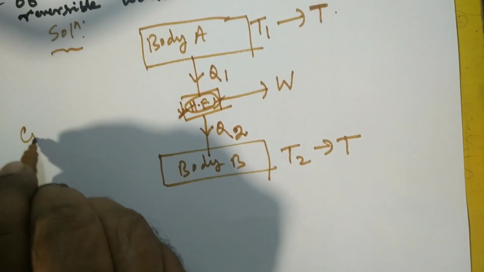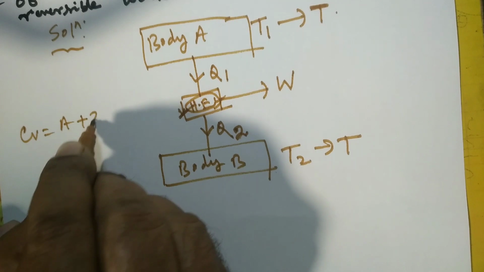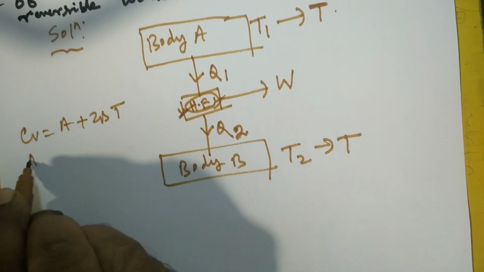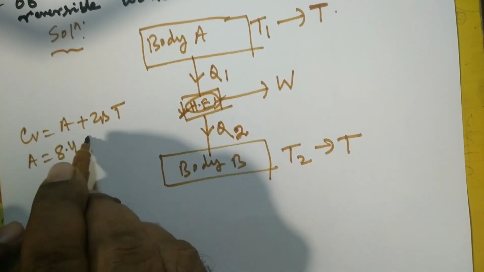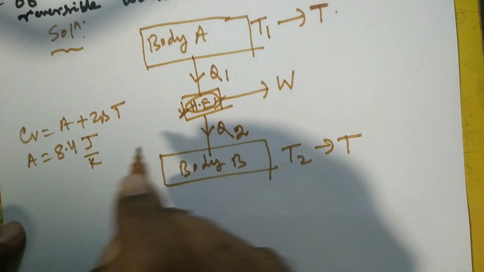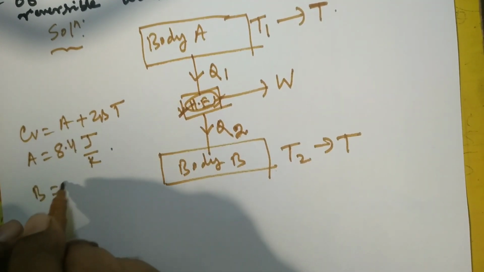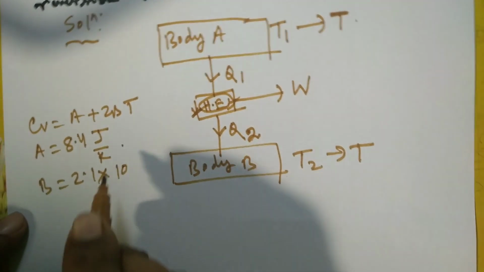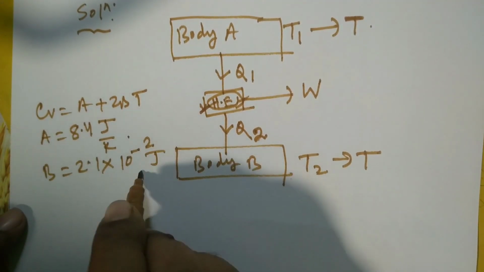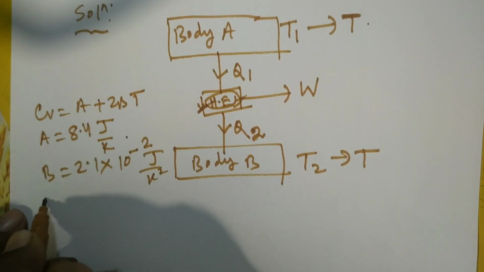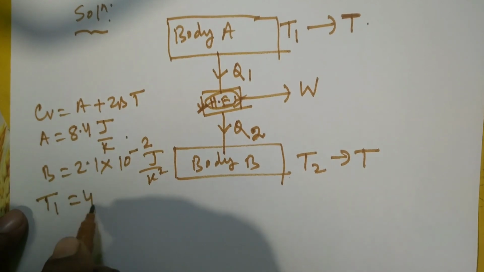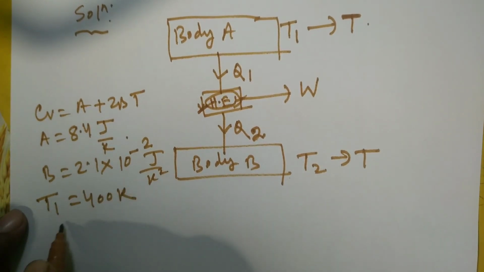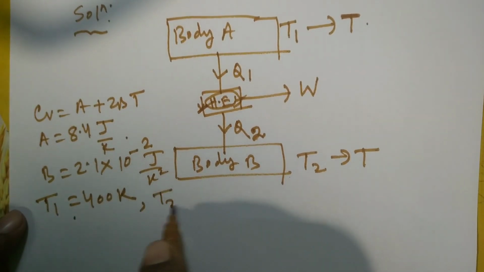So Cb is given as A plus 2Bt. A is 8.4 joule per Kelvin. B is 2.1 multiplied by 10 to the power minus 2 joule per Kelvin square. T1 is 400 Kelvin and T2 is 200 Kelvin.